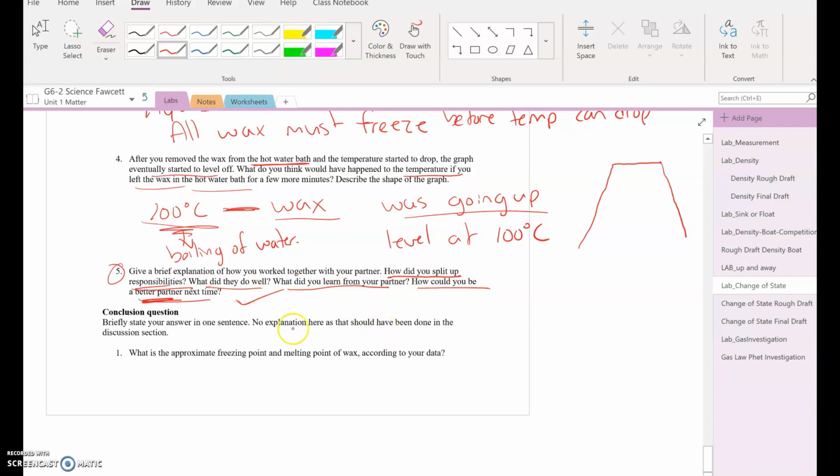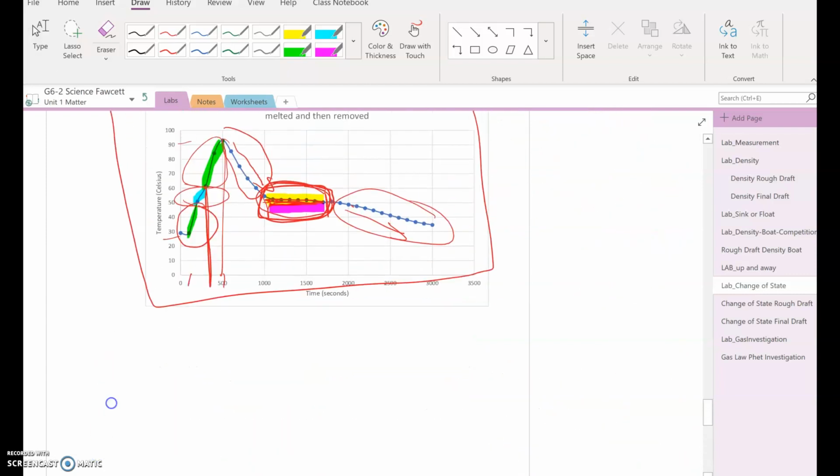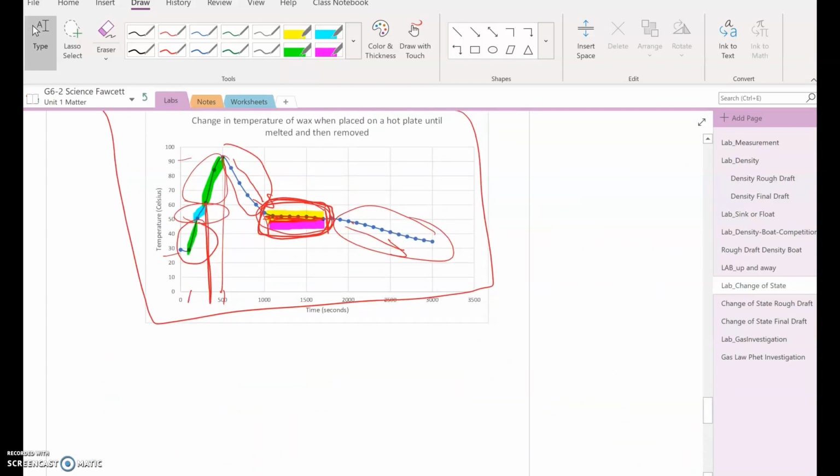And the final thing, this should also be in your Word document as well, is just the conclusion question. This doesn't even need to be a complete sentence, or it could really just be one sentence. What is the freezing and the melting point of wax? Which we already know from what we've learned about freezing and melting, that these should be the same. And when you look at your graph, you could go to your observations and see that.